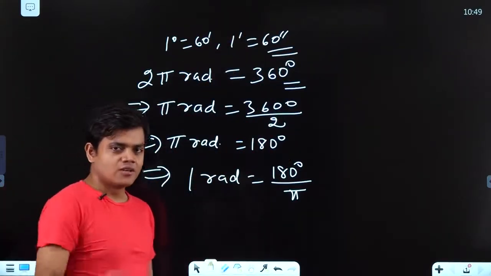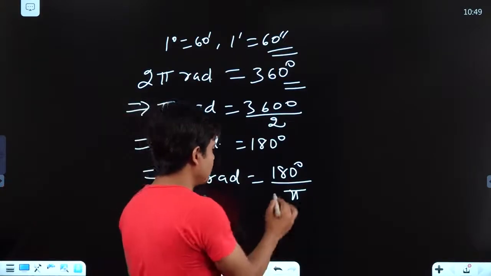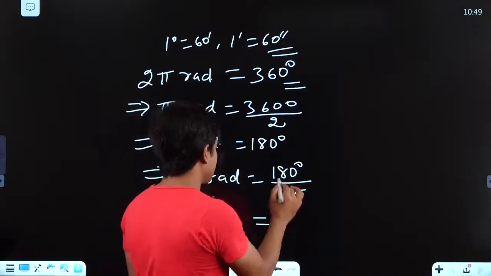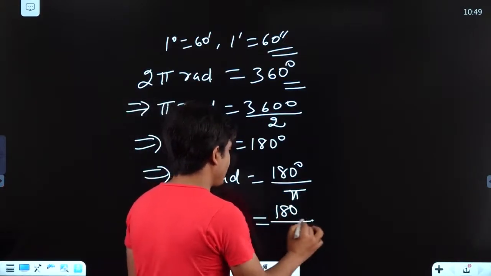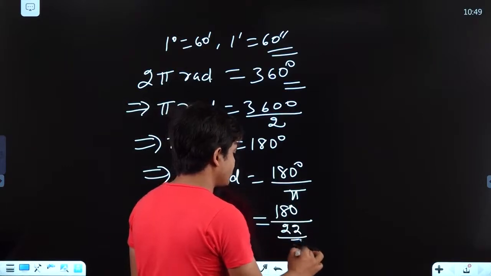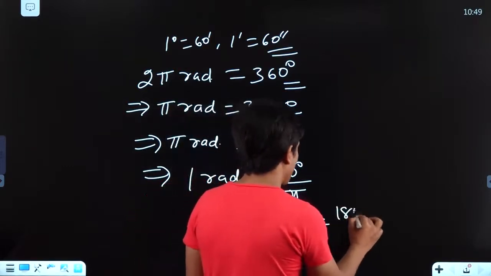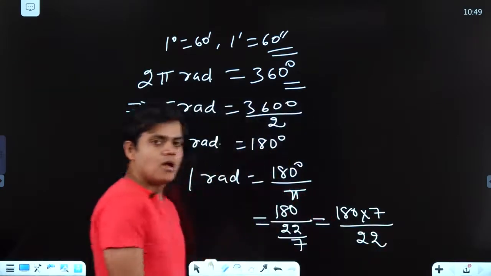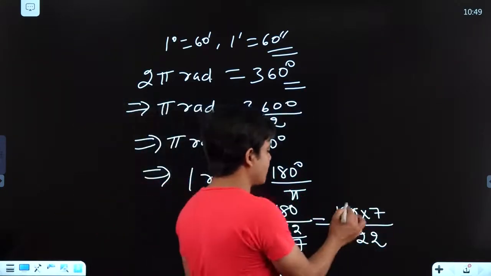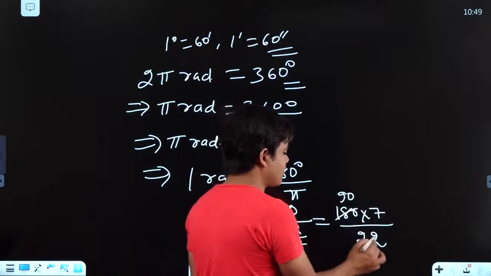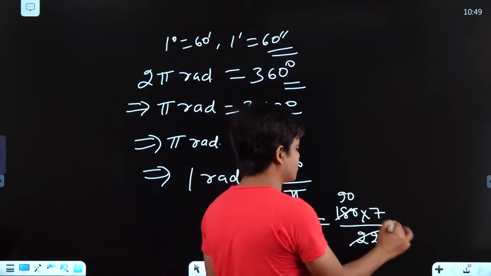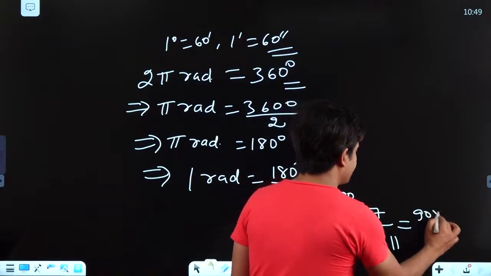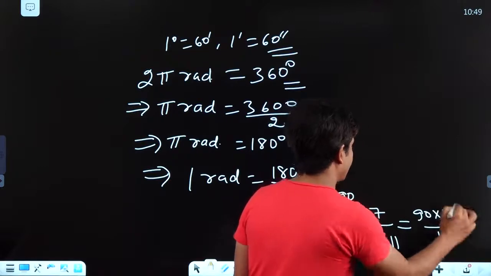So now what shall we do? We have 180 upon pi, that is 180 by 22/7. So what will happen? 180 into 7 by 22. So what shall we write over here? 90 2s are 180, 11 2s are 22. So it will be 90 into 7 by 11.